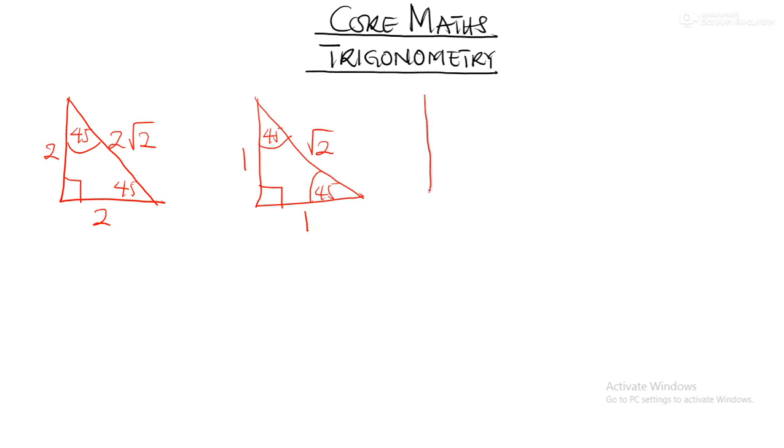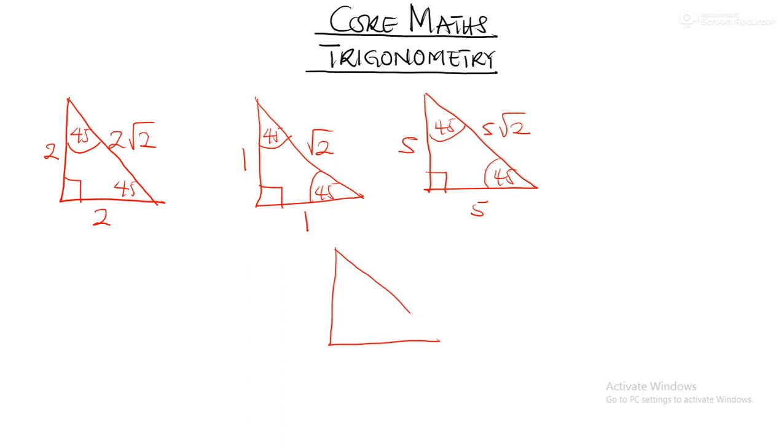Good. Last one. Do this one for me. So 90, 45, 45. And this is 5. This is 5, so this side will be 5. This side will be 5 root 2. As simple as that. Last one.